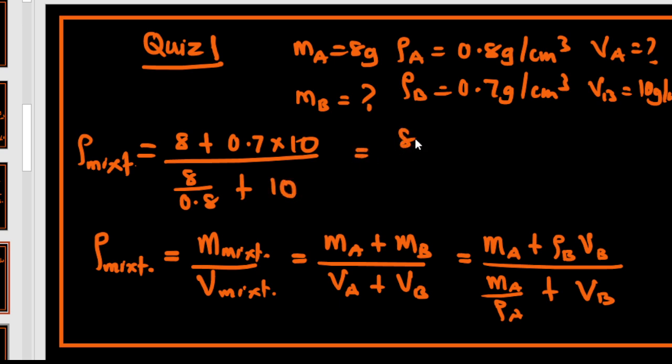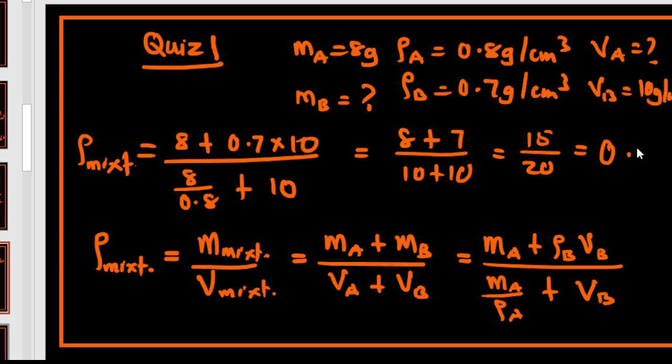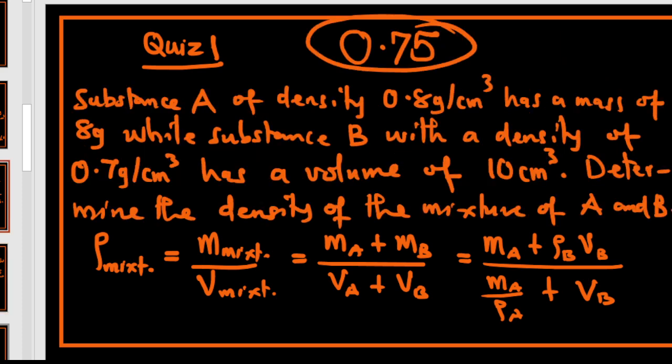So on top you have 8 plus 7, divided by 10 plus 10. So you have 15 divided by 20. That gives you 0.75, which is correct. Moise got it right. So the density of the mixture there is going to be 0.75. Alright, moving on.